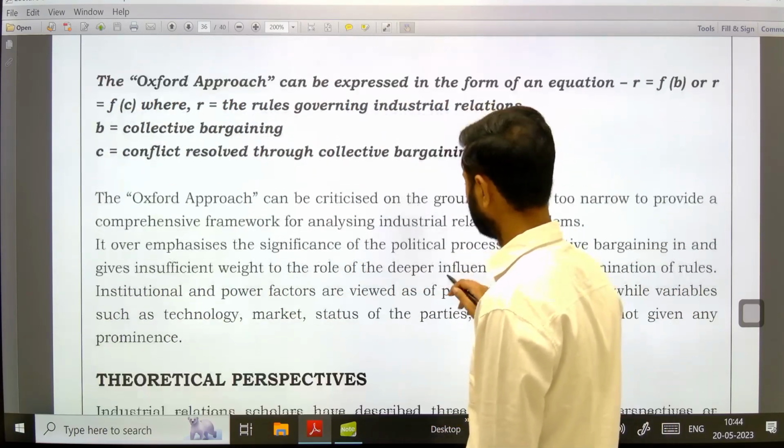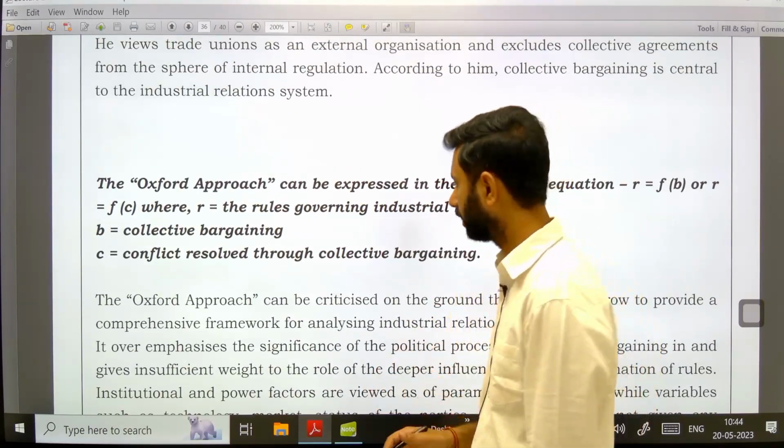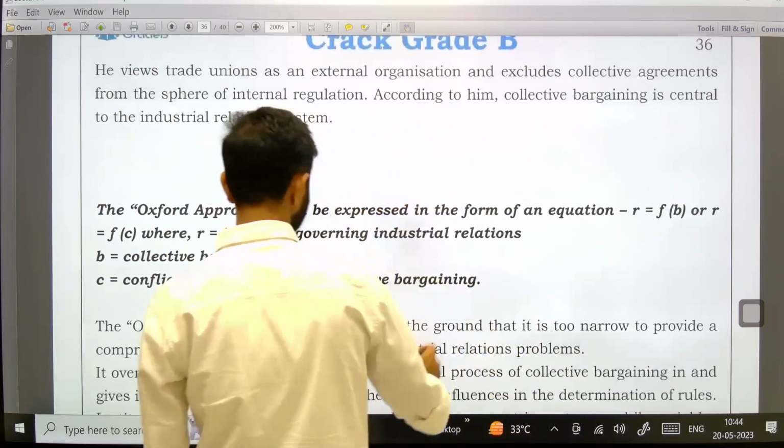The Oxford approach emphasized conflict resolution through collective bargaining.